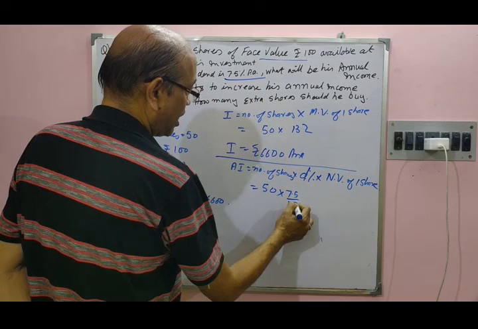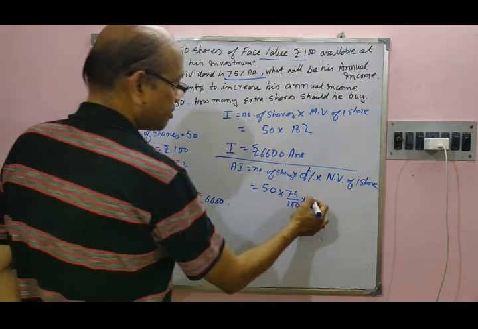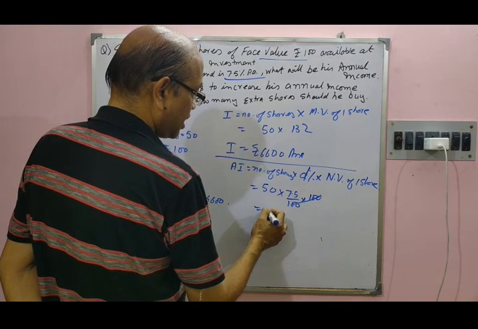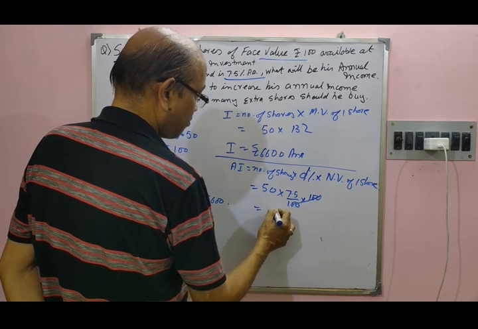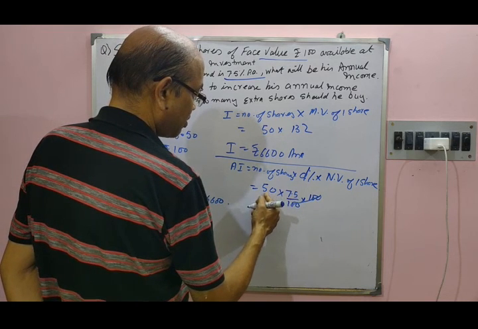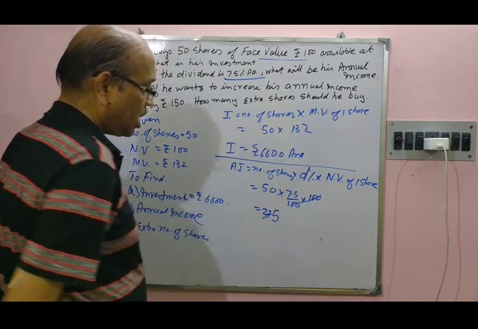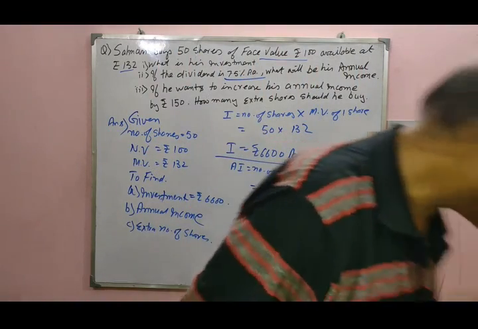So 7.5 by 100 into nominal value 100. So how much do we get here? 75. Annual income is rupees 375.